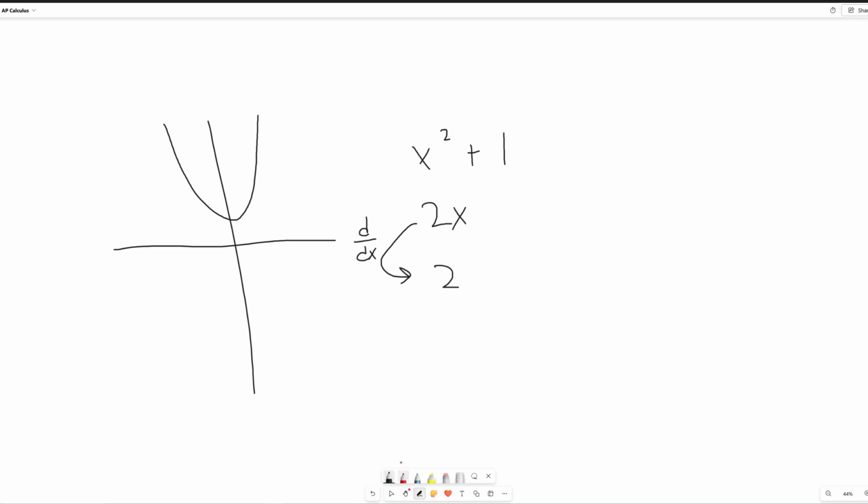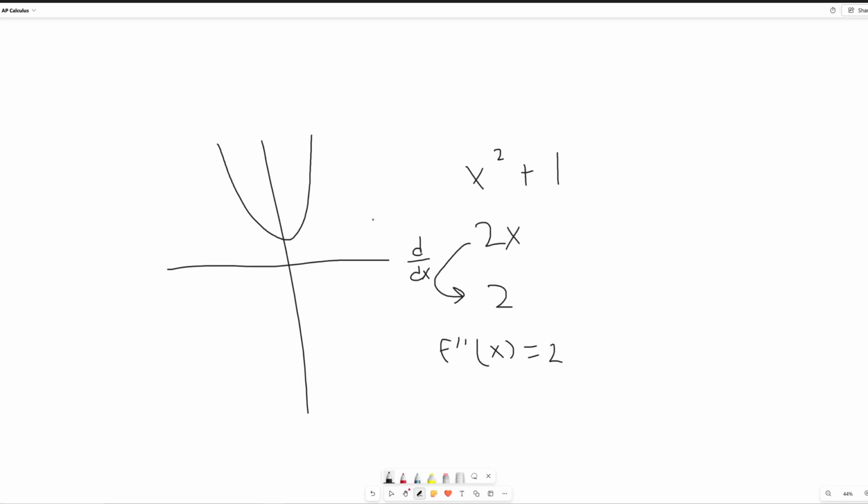So the f double prime of x is just 2. And since 2 is always positive, that means it will always be concave up, which, as we can see by the graph, makes sense. It always has that upwards U shape.